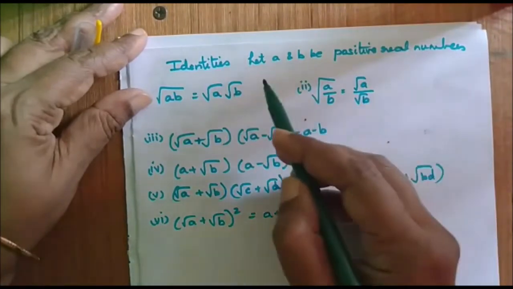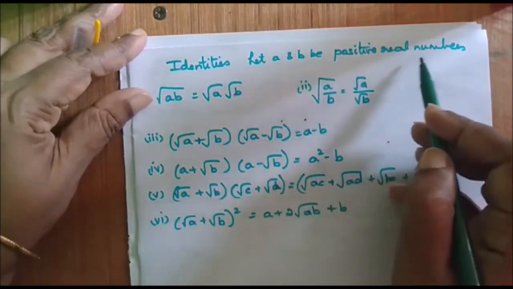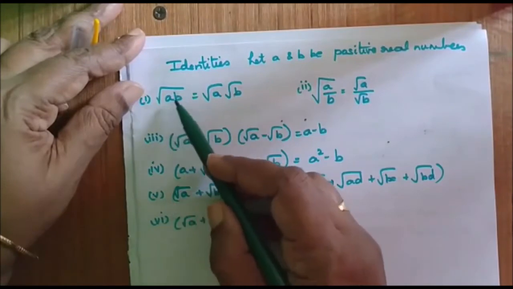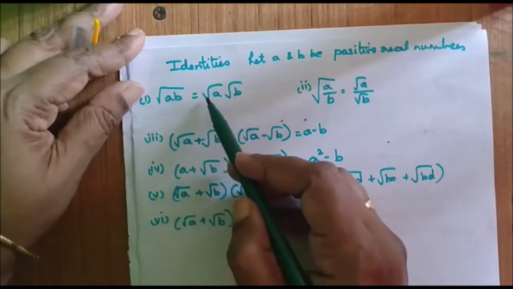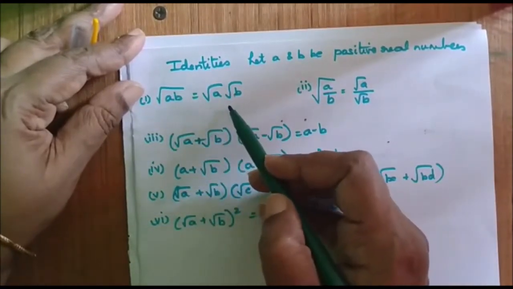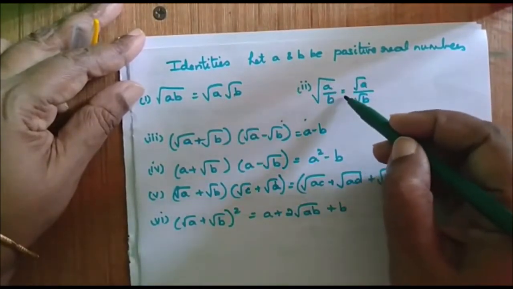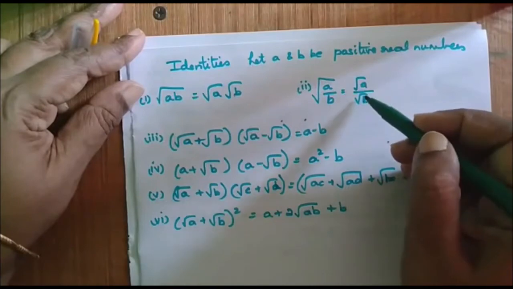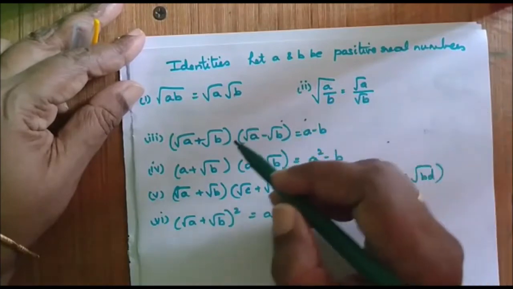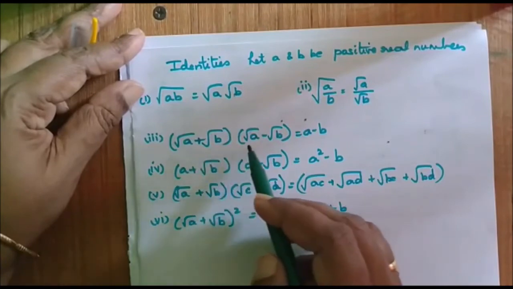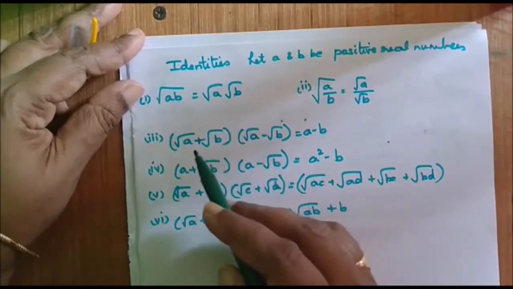Okay. Now let A and B be positive real numbers. The first identity is root of AB is equal to root A into root B. Similarly, square root of A by B is equal to root A by root B. Now, this is in the form of a plus b and a minus b. I hope you get it.